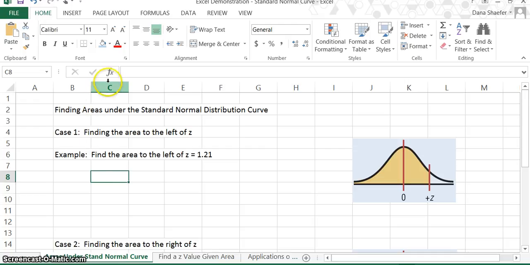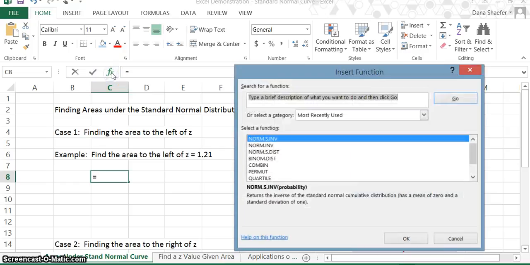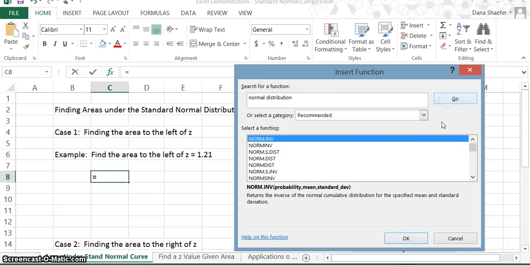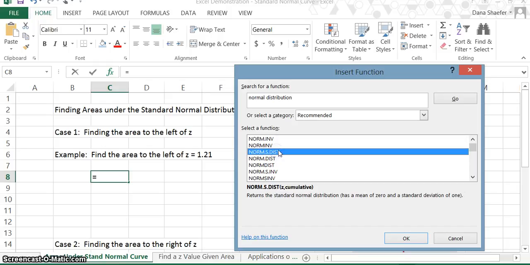So I'm coming up here to insert function, and I'm going to type in normal distribution, and I'll say OK or go. And this very first one, the third one down, says normal.s.distribution.